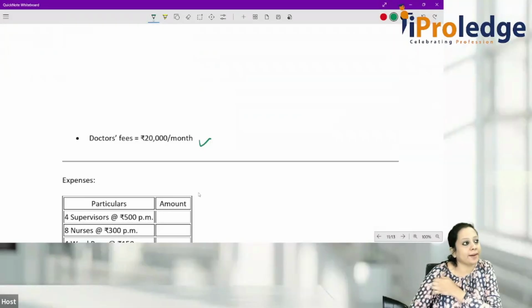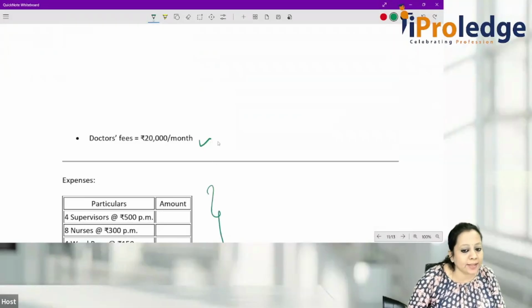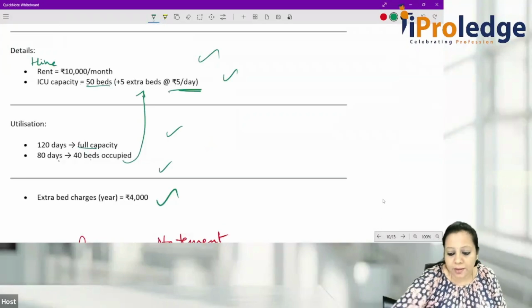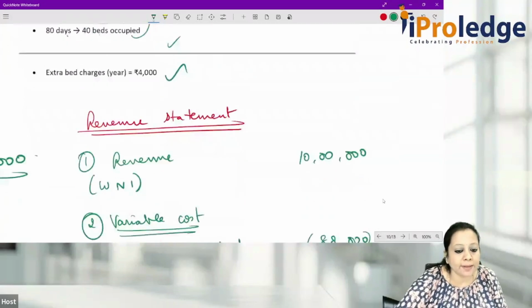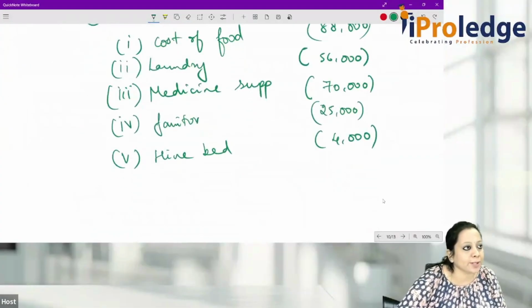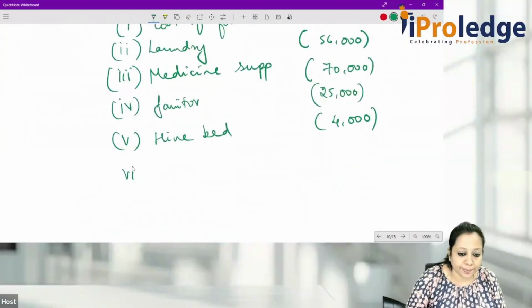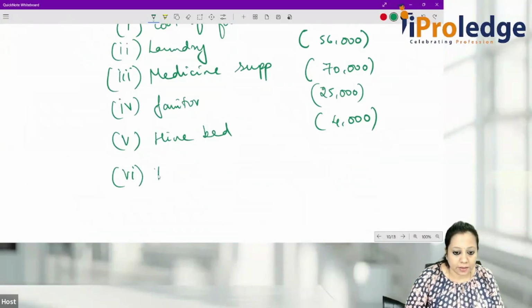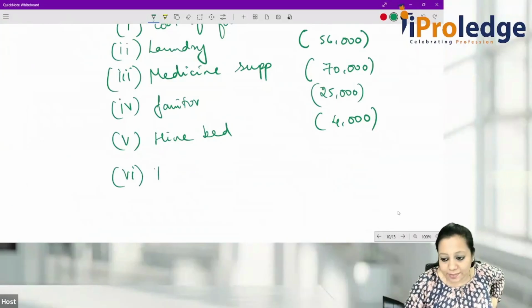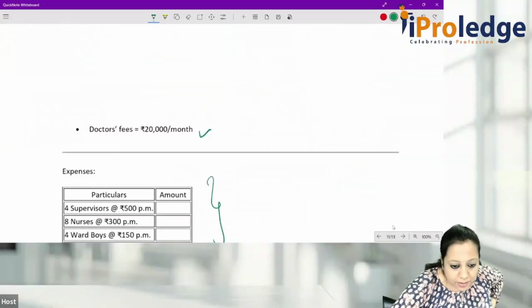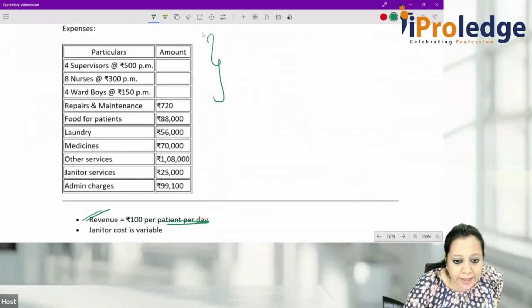20,000 doctor's fees, right? So we were focusing mainly on this. We have to take doctor's fees also, right, students? So that is going to be obviously for the hospital, the doctor's fees will be an expense only. That is also fixed, correct? That is also fixed. Okay. So then what else is there? Have we taken everything?